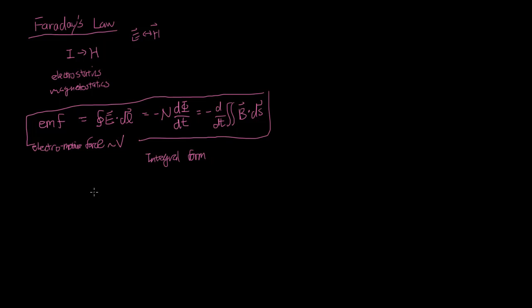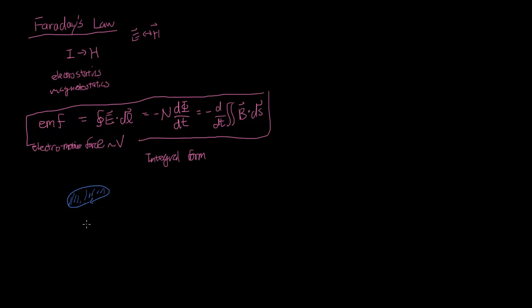So let's try to visualize this. Remember, this E dot dl is a closed integral, meaning that we have a closed loop of an electric current. So let's just say the current looks like this. This is an electric field you integrate through. If it's a conductor, then it would just be the current going through a wire. And remember, it's a closed shape. Closed shape means that there's a surface that we can deal with.